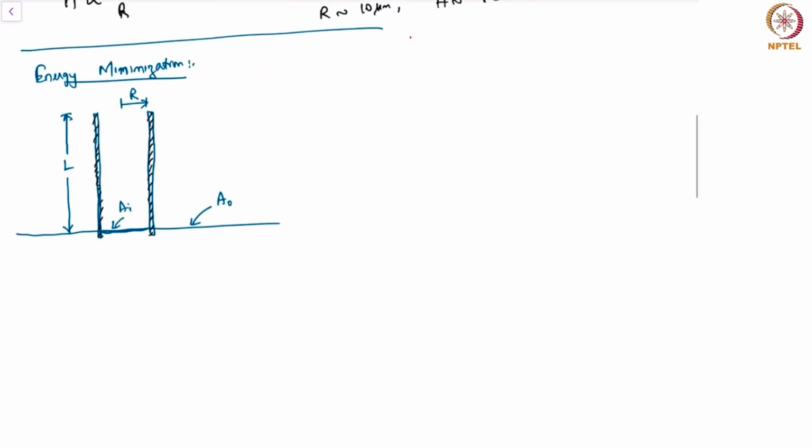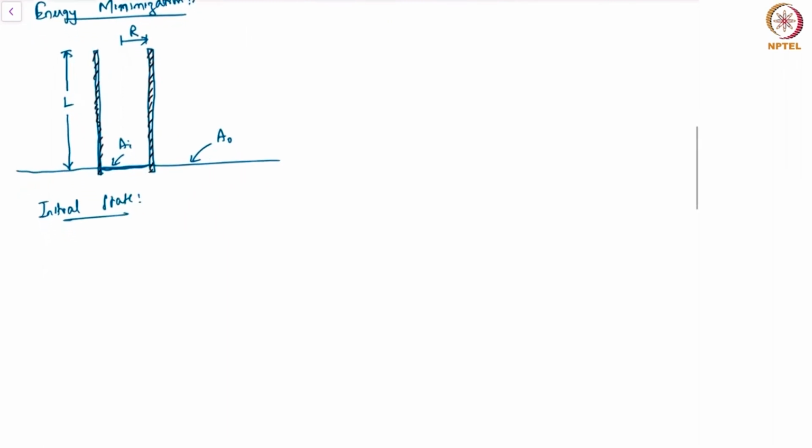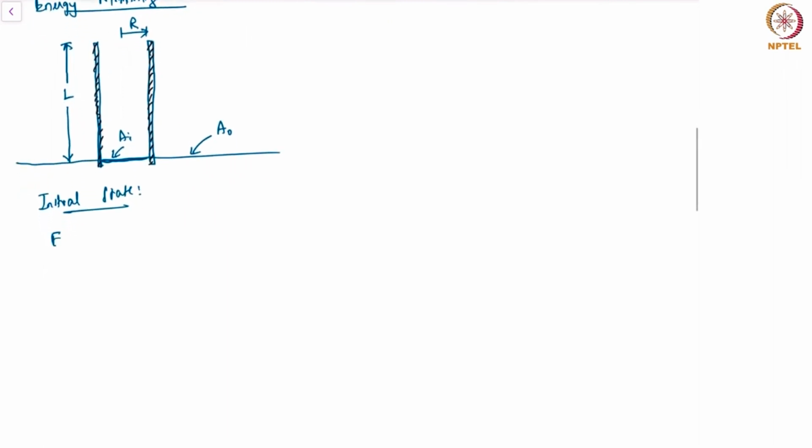This I will designate as the initial state. The initial state, the energy simply would be EI would be gamma times A naught, that is the surface tension of the entire region outside, flat region outside, plus gamma times AI, right?